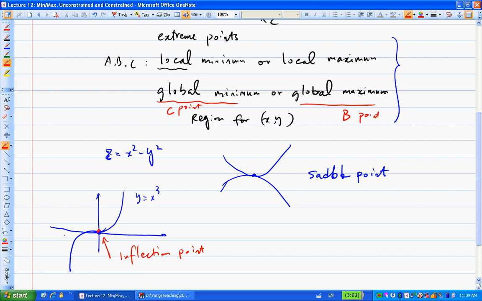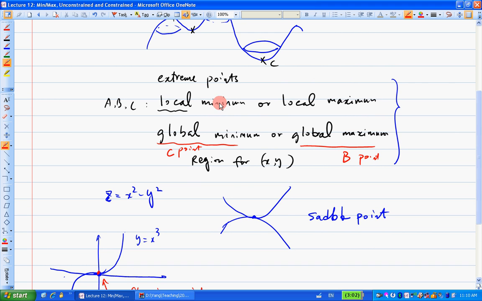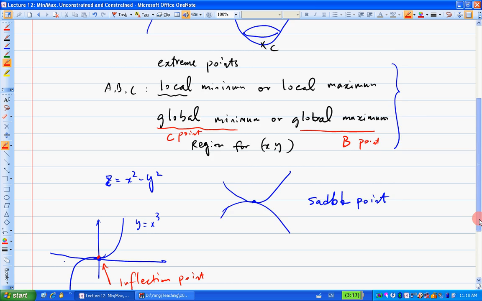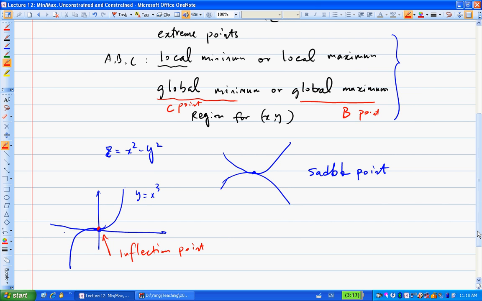Those are situations you may encounter when you have a function of two variables. Now, it doesn't matter whether it's a local min, local max, global min, global max, or saddle point. For all of these points we have a big name: we call them critical points. So why is it called a critical point?